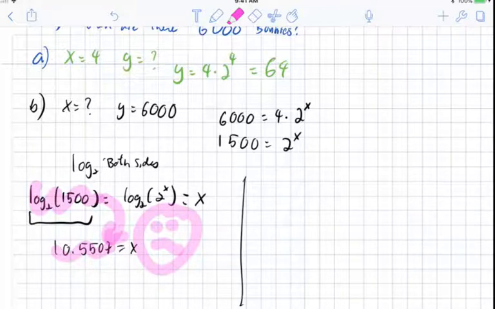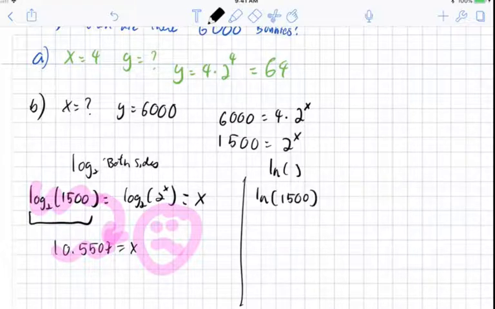There's another method. I don't have to take the log base 2. It is the inverse of 2 to the x. It's definitely the inverse of 2 to the x. But watch what happens if I just take ln, just some other base, of both sides. ln of 1500, ln of 2 to the x. I use the power rule to bring the x out front.